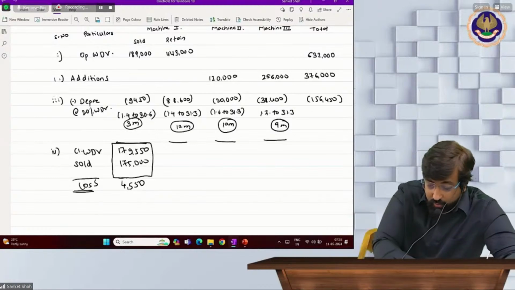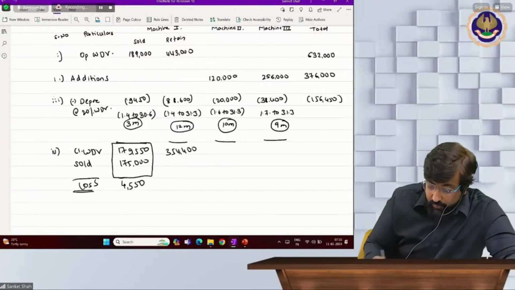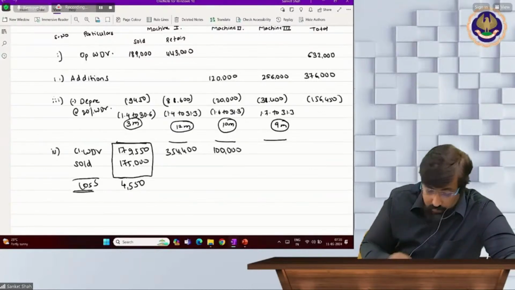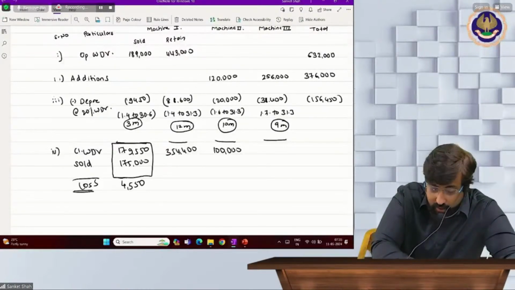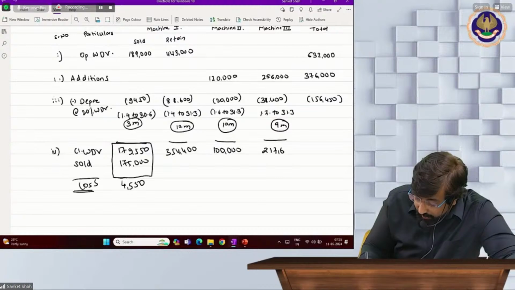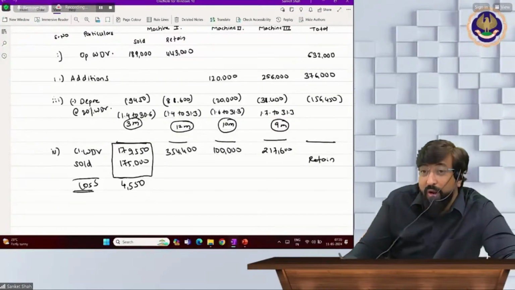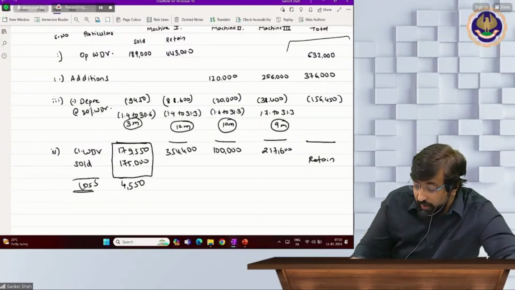Then what about retained? 443 minus 88.6, 3,54,400. This is 1 lakh. And 256 minus 38.4, I'm getting the answer 2,17,600. And I'm going to write only the retained asset balance. So vertically it is not going to tally.